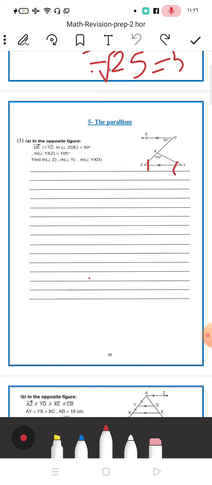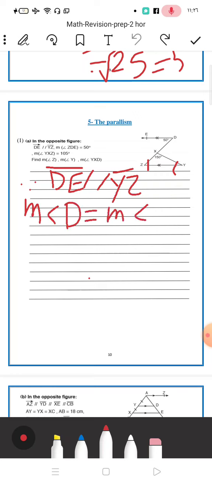Okay, so here from the first given, which is the parallel relation between DE and YZ, since there is a parallel relation between DE and YZ, we can say the measure of angle D will be equal to the measure of angle Z, equal to 50 degrees. Why?